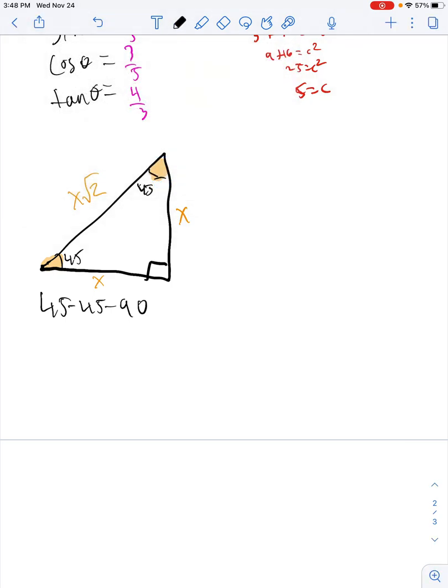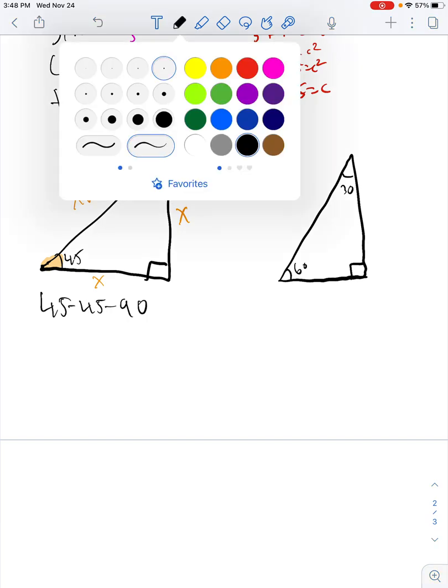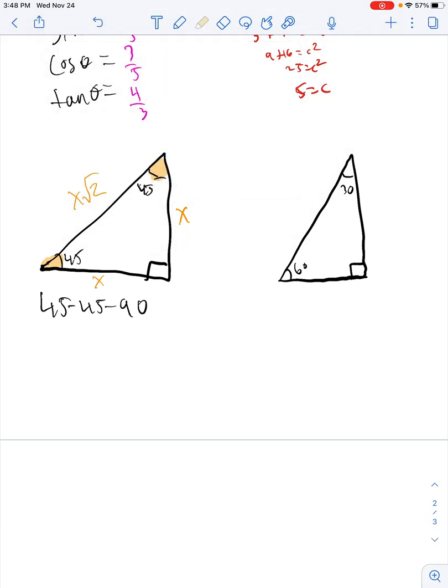The other special triangle, and you'll see these quite a bit, is a 30, 60, 90 triangle. I like to think about it as you have a short leg, a long leg, and then your hypotenuse. My short leg is across from the 30.